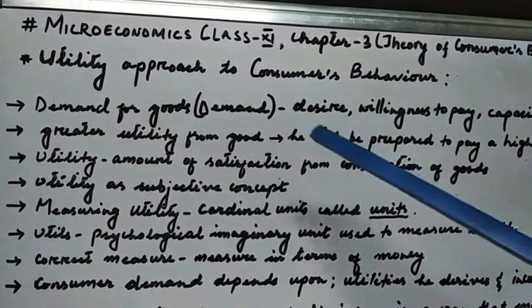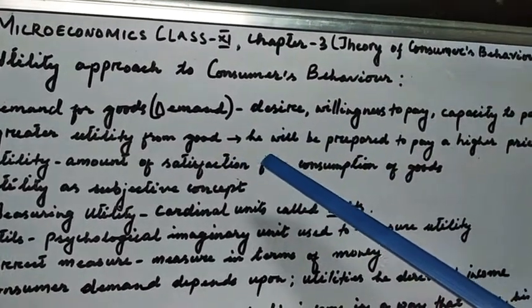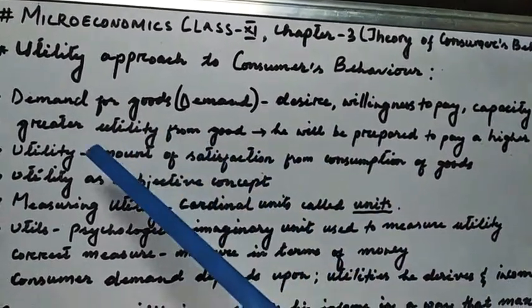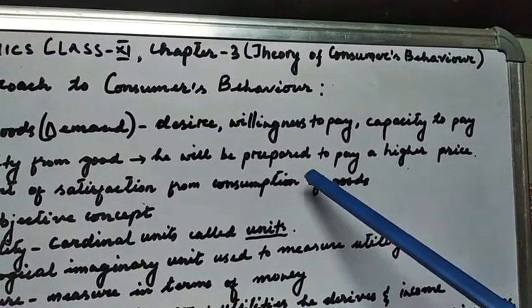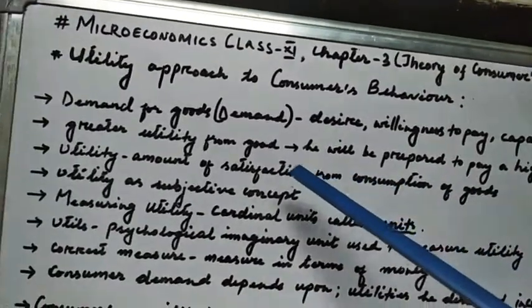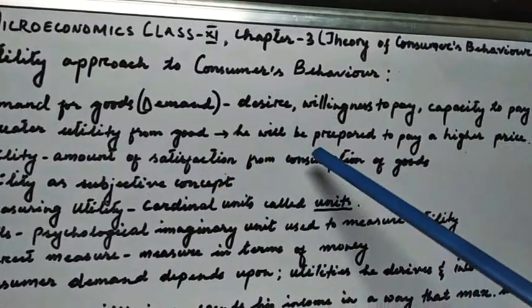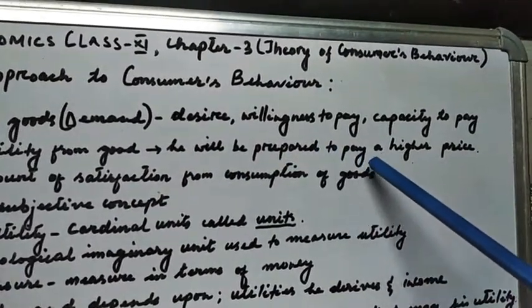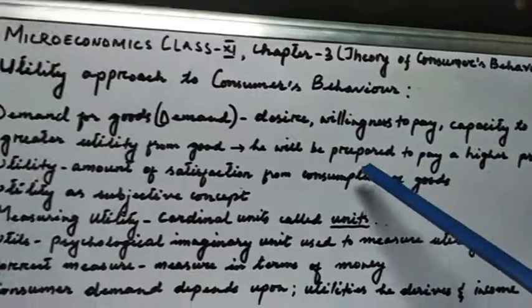So demand is a determinant of price. When he derives greater utility from a particular good, he is prepared to pay a higher price. But when he is not deriving enough utility from the good, he will not be prepared to pay a higher price. He will be willing to pay lower prices.